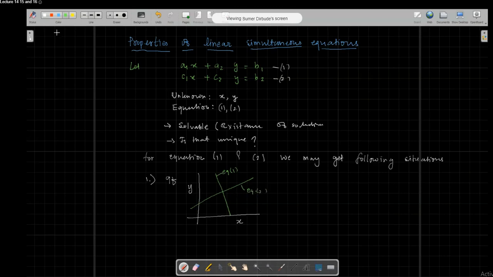Now they are intersecting at one point, and this point of intersection is called a solution. There is no other place where they intersect. So if this is the case, then we have a unique solution.